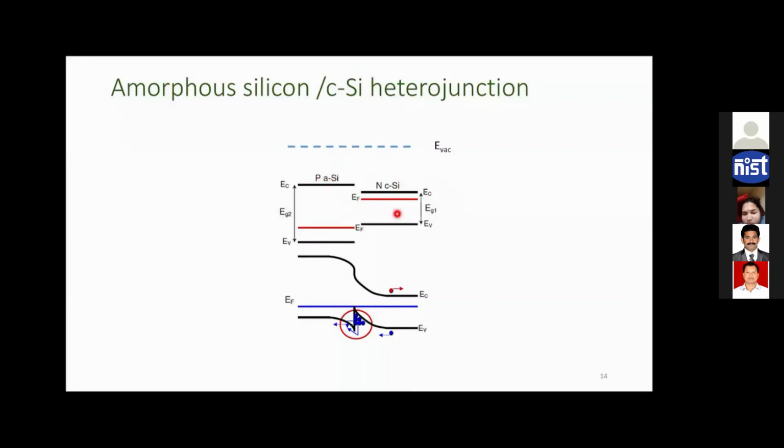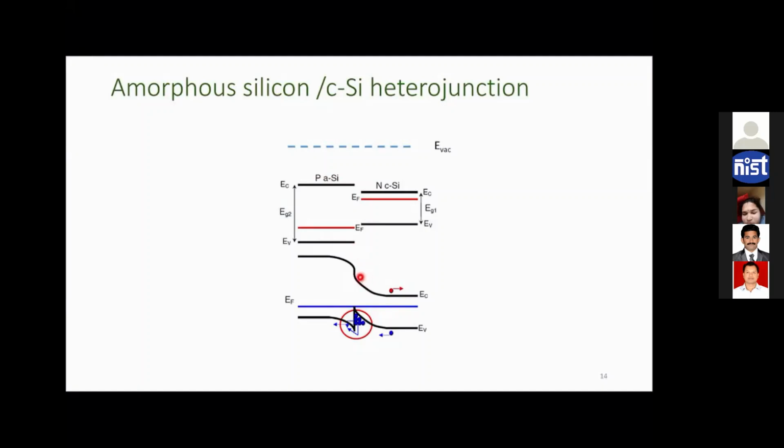So we are talking about electrons flowing from N crystalline silicon to P amorphous silicon, and this results in an upward band bending at the interface. Why does this band bend upward? Because it indicates that you have lost electrons near this junction, and those electrons have gone to the P side.